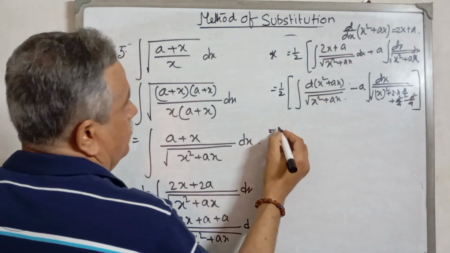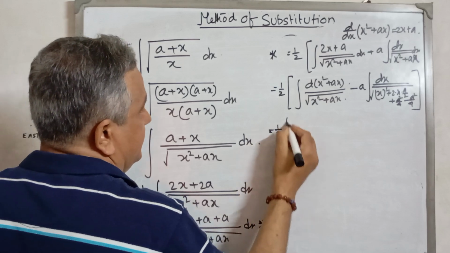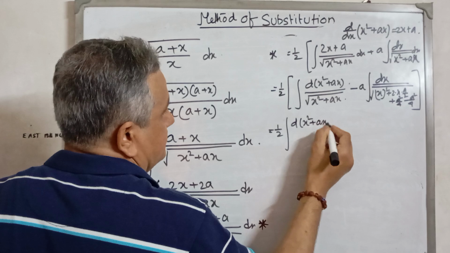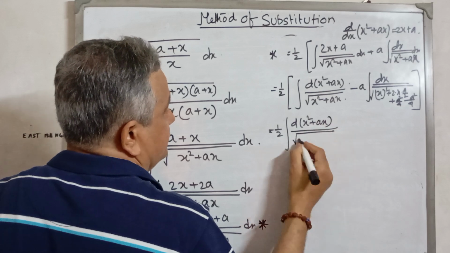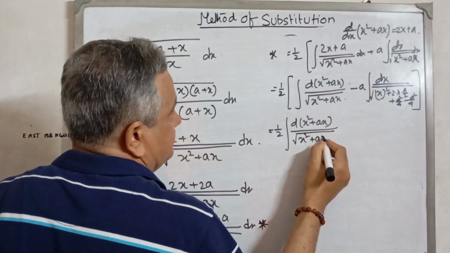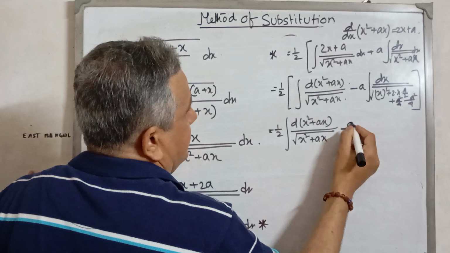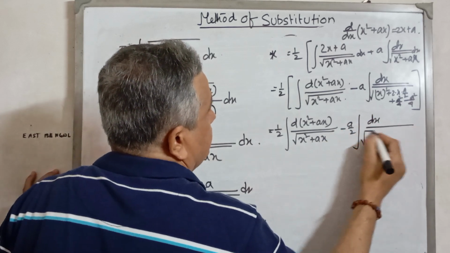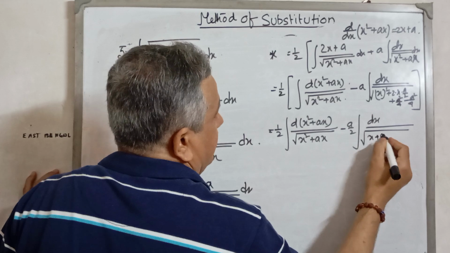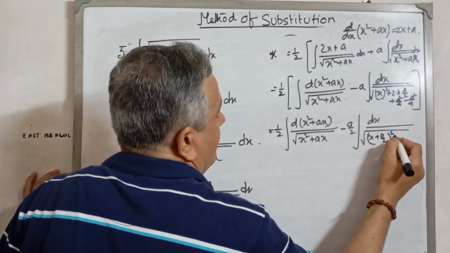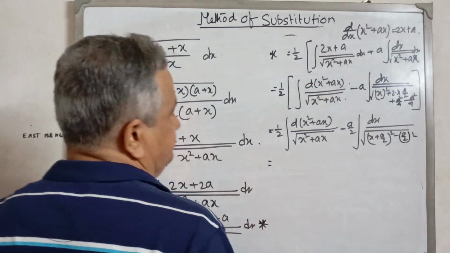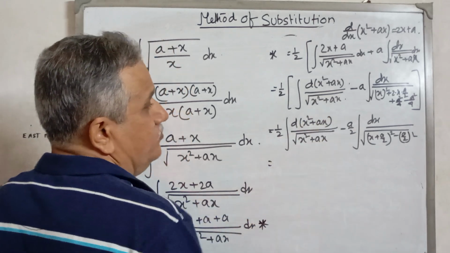So this becomes integration d of x square plus ax by root over x square plus ax, minus a by 2 dx by root over x plus a by 2 whole square minus a by 2 whole square.